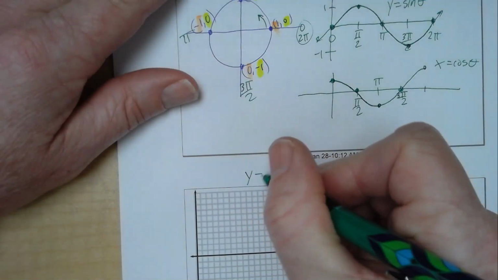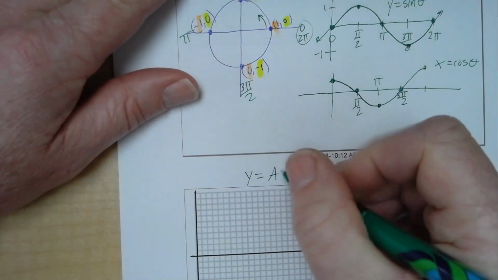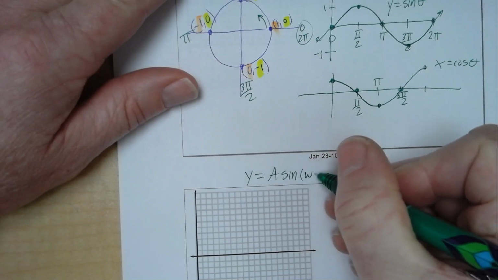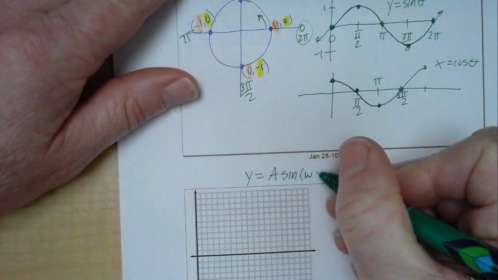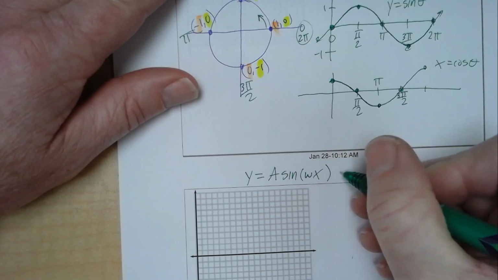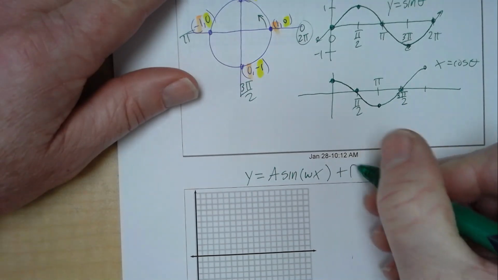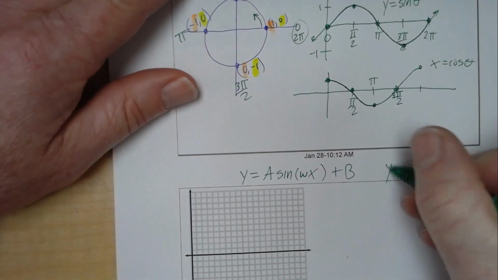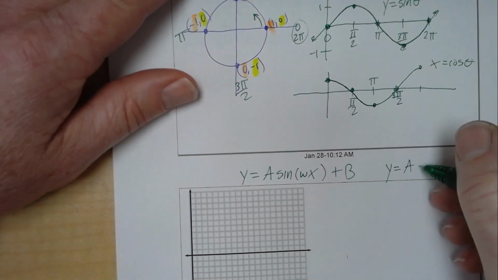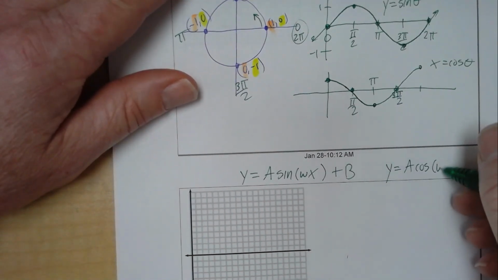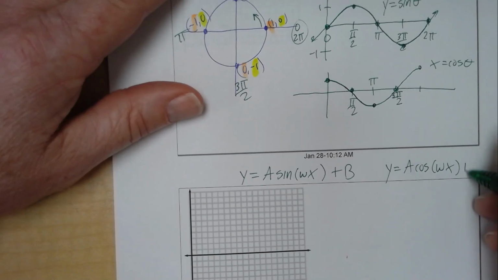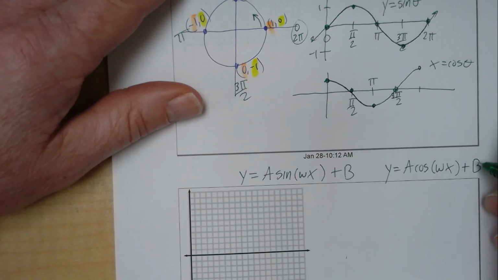So we say y is equal to a sine omega x plus b. And then y is equal to a cosine omega x plus b.